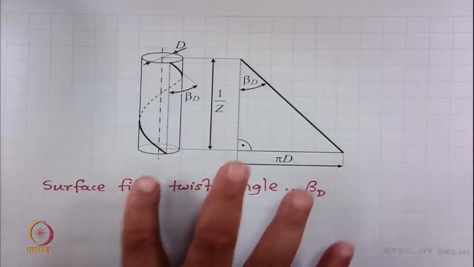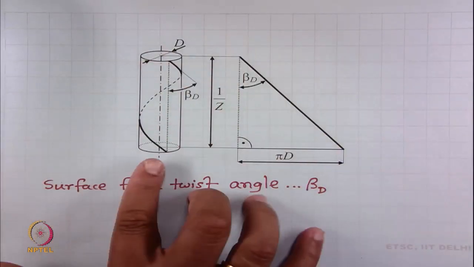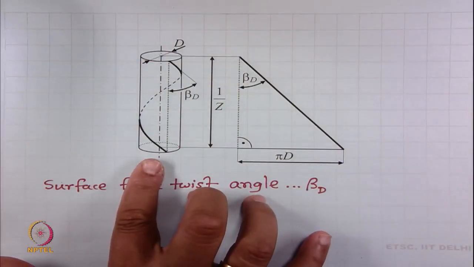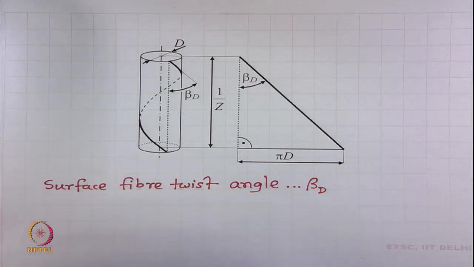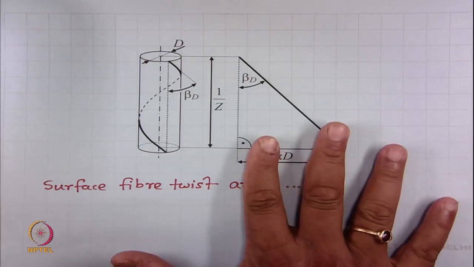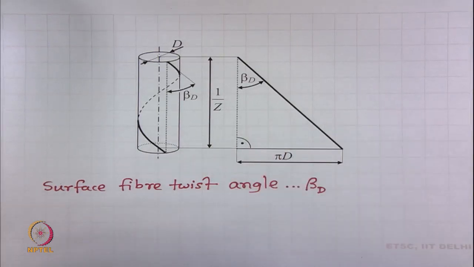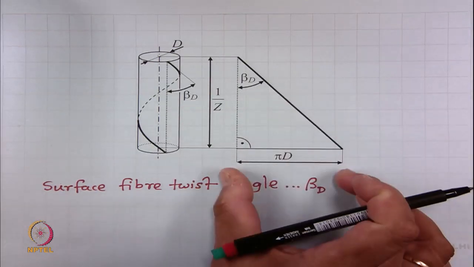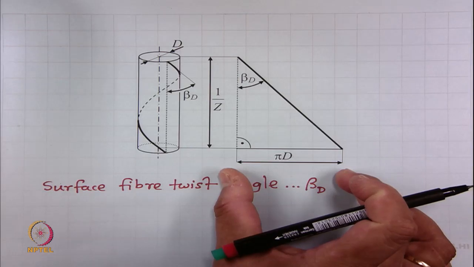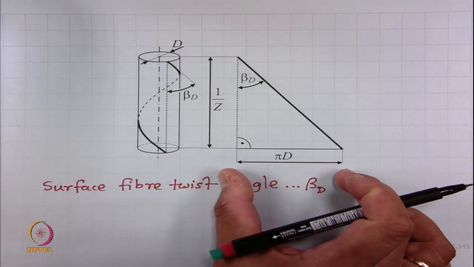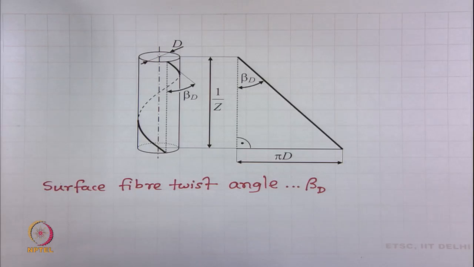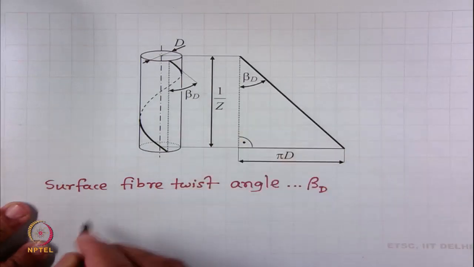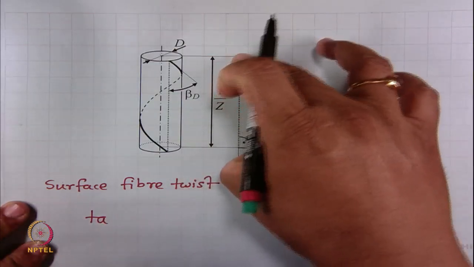Now, imaginatively let us unroll this cylinder along its axis. So, you unroll and you obtain this image, a triangle. This angle is beta d, this length is pi times d, and this height is 1 by z.